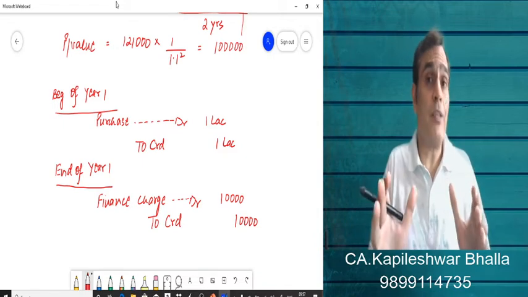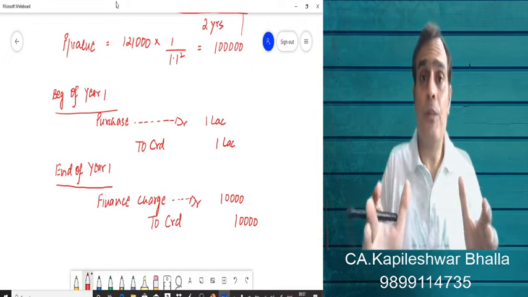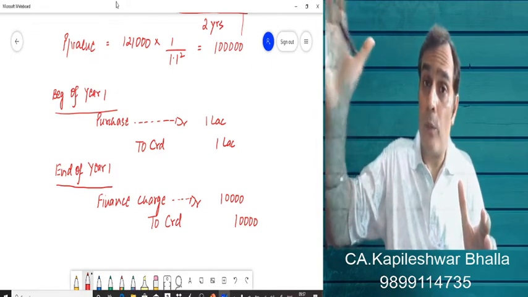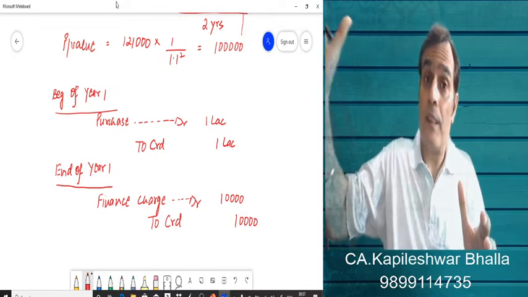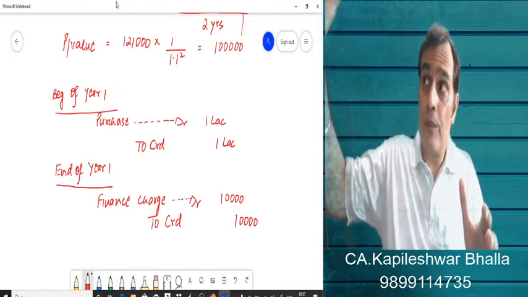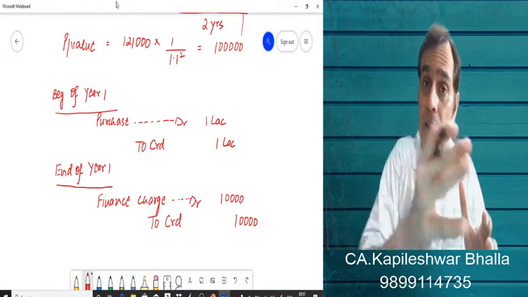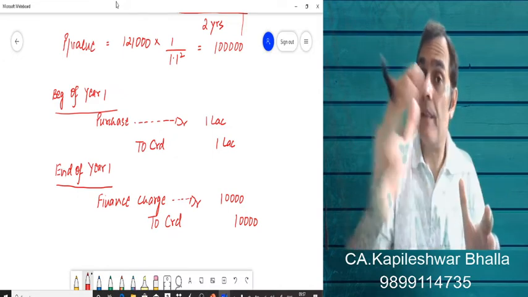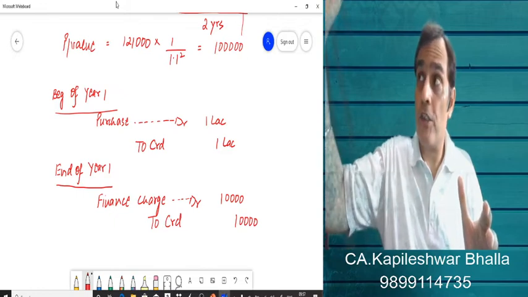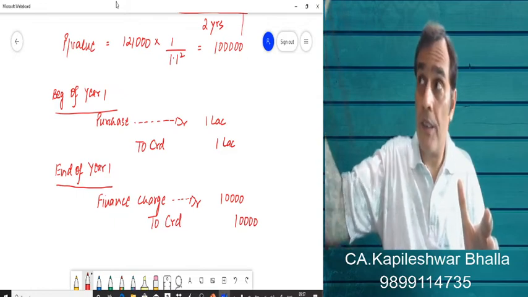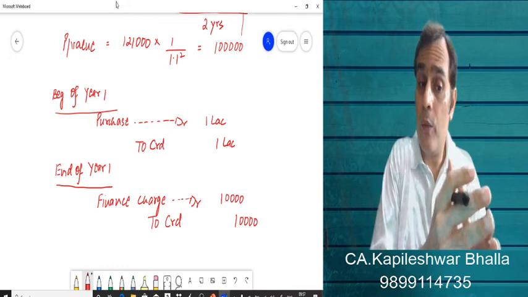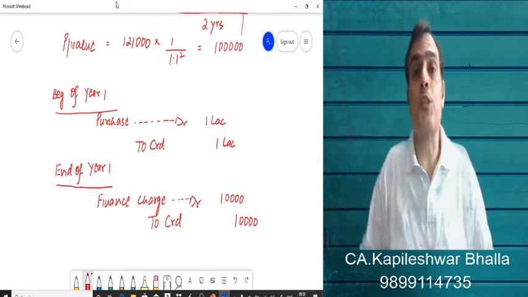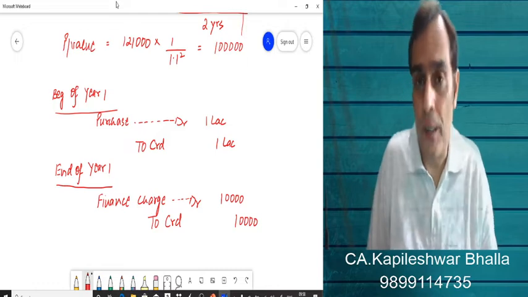Now, if you look at this in a very logical flow, first of all, you took the present value of 121. 121 is a future value, so you took the present value, you did a discounting. Now, you are doing a compounding. So first of all, 121 was discounted and now we are getting this 1 lakh rupees and we are taking a compounding, and that's called unwinding of discount.